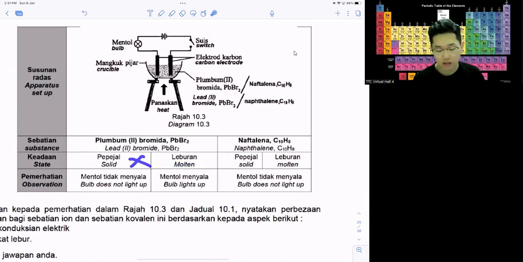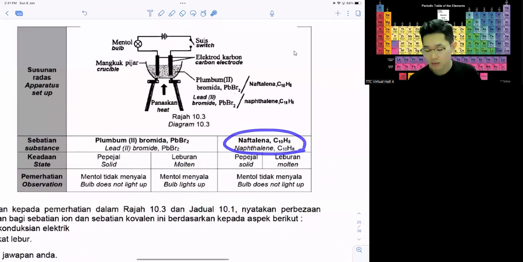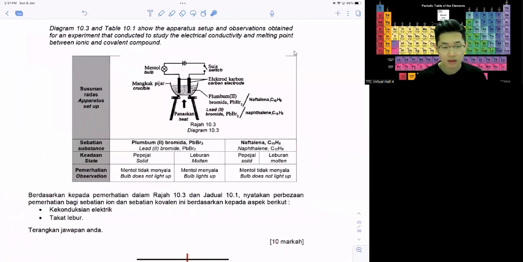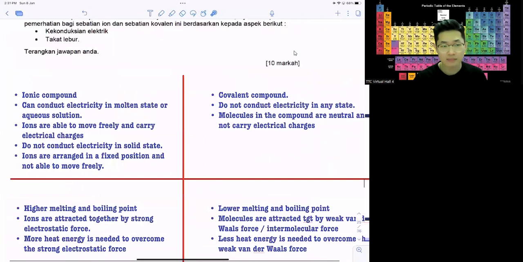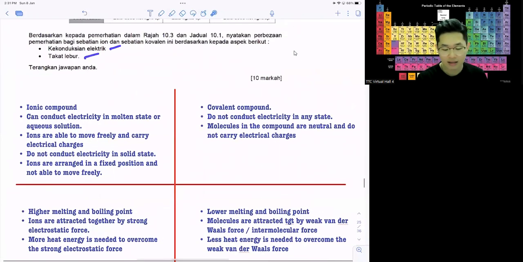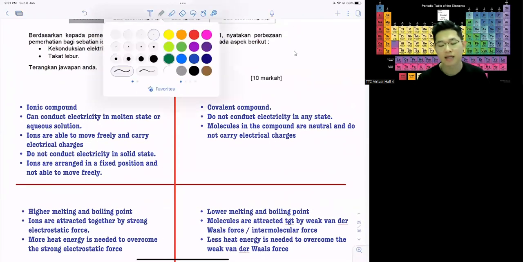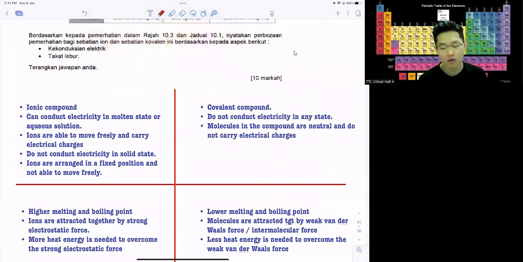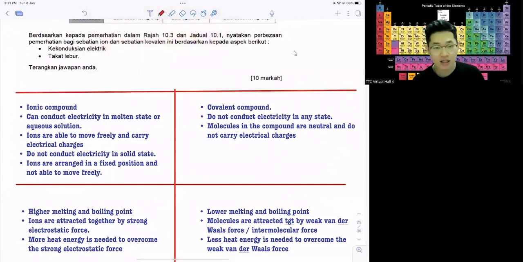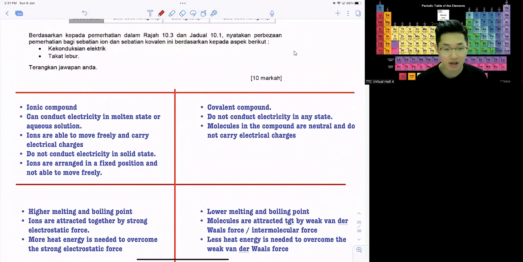So that means solid cannot conduct, molten can conduct. Naphthalene, both also cannot conduct. So they want you to explain it. Why like that? These are the explanation, which I'm not going to go through any of it. You just read it and memorize it yourself.